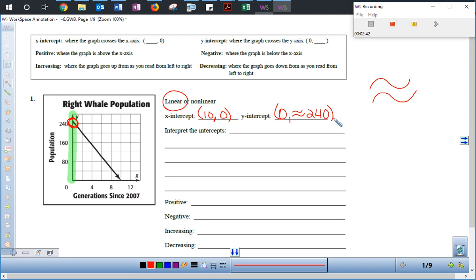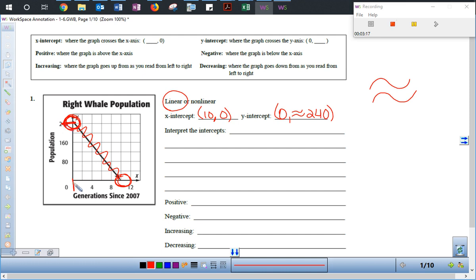I just need to interpret those 2 points. Now, I do not need to interpret what's happening in the middle. I just need to start by talking about this point and end by talking about this point, because we go from left to right. So if we start by talking about this intercept, that's saying that at 0, it was about 240. So what does that mean in real people words?